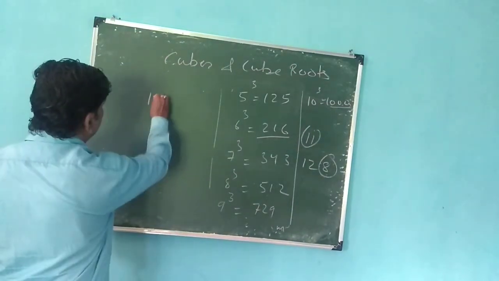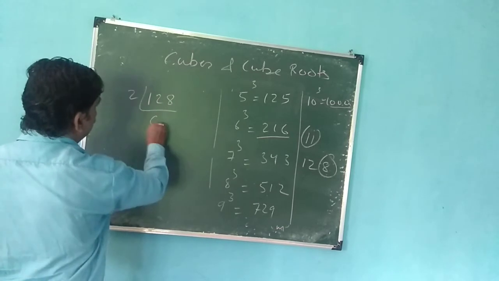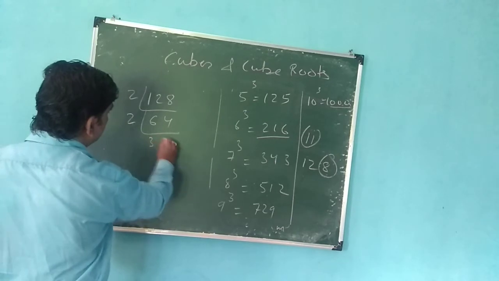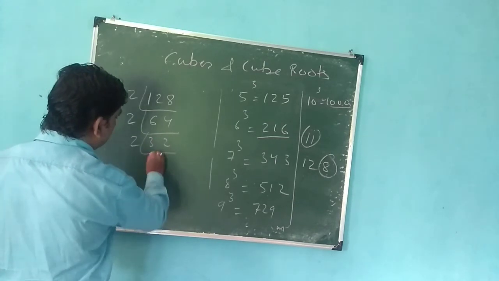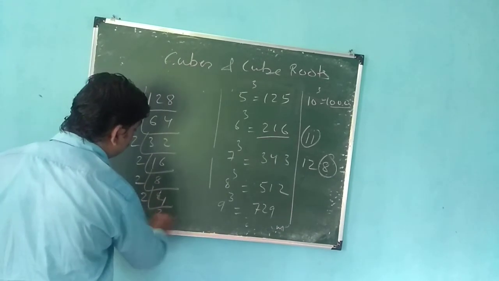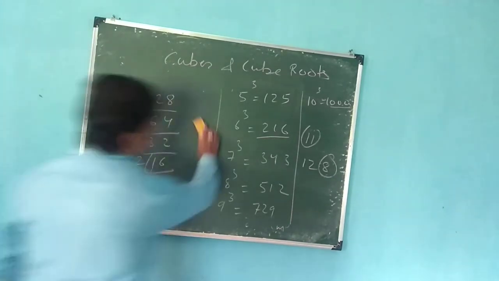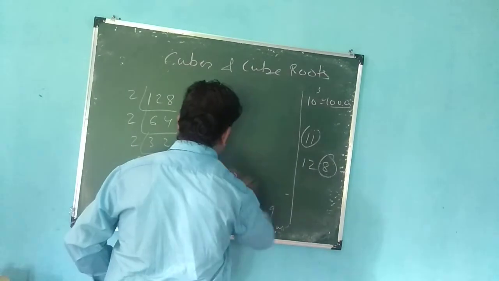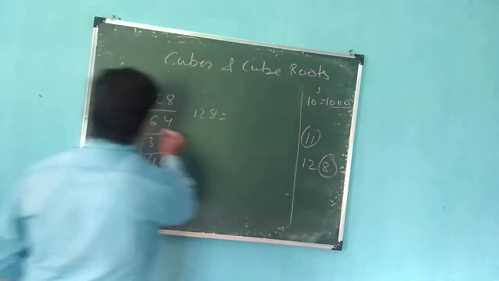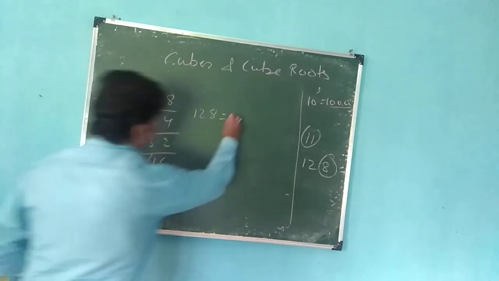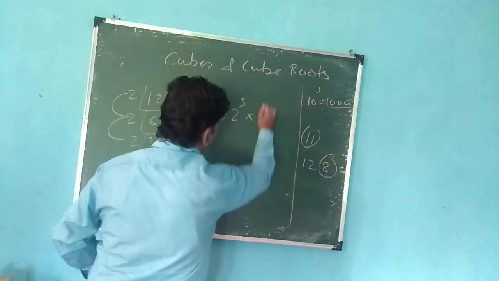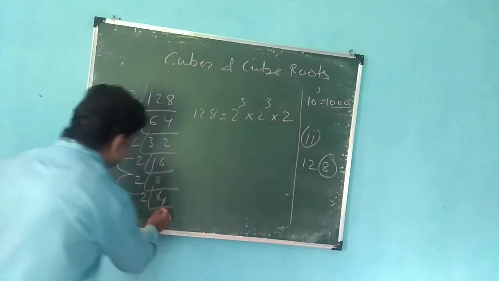If I do the prime factorization, 2 into 64, 2 into 32, 2 into 16, 2 into 8, 2 into 4, then 2 into 2. This all you know very well. So what is 128 equal to? This is 2 cube here, again this is 2 cube here, but the last 2 is not cubed.